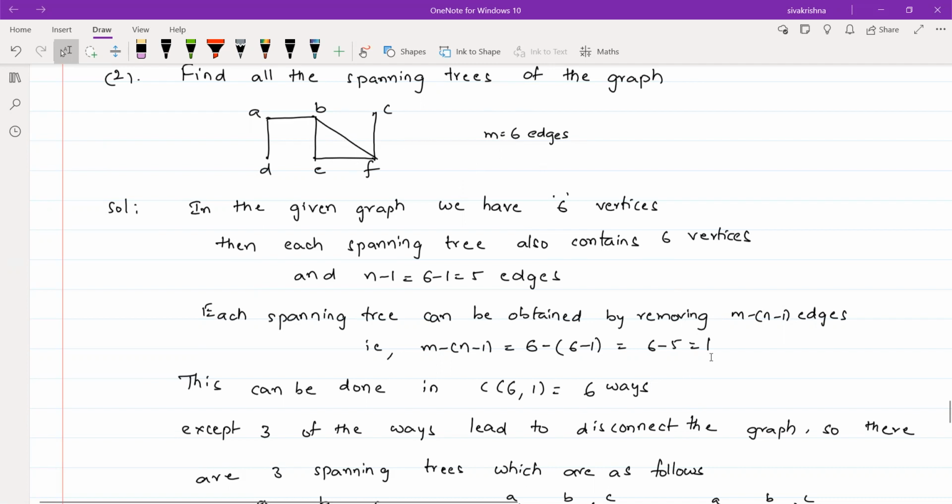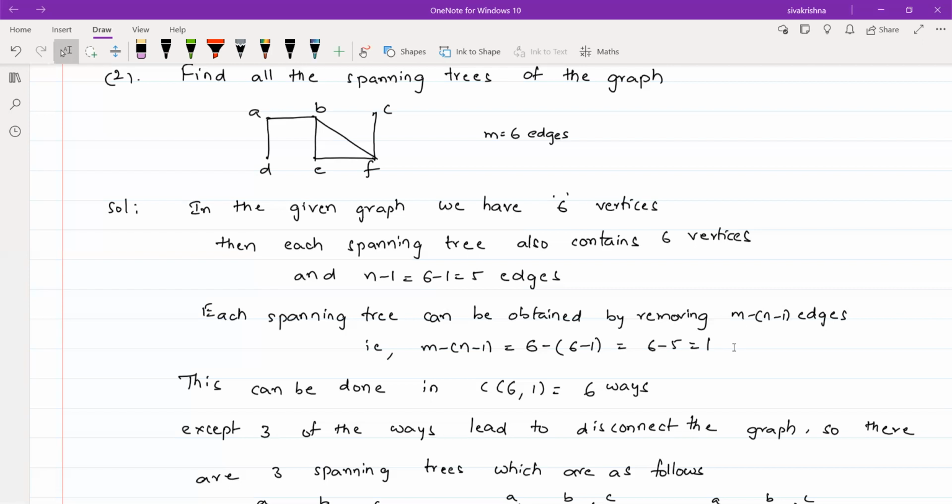So using 6 and 1, we have a total of 6C1 ways to remove one edge to find each spanning tree. Here 6C1 is nothing but 6 ways. It means we have 6 ways to remove one edge from the given graph in order to find a spanning tree.